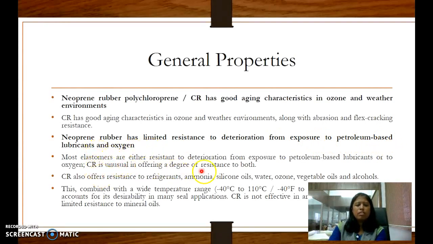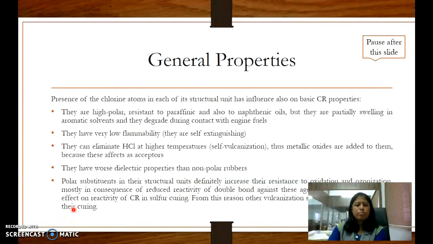Most elastomers are resistant to deterioration from exposure to either petroleum-based lubricants or oxygen. CR also offers resistance to refrigerants, ammonia, silicone oils, water, ozone, vegetable oils and alcohols. These properties combined with a wide temperature range and moderate cost account for its desirability in many seal applications, but it is not effective in many aromatic oils and offers only limited resistance to mineral oils.